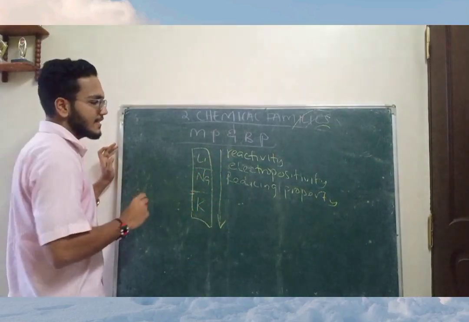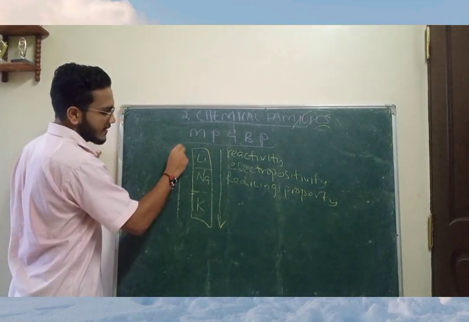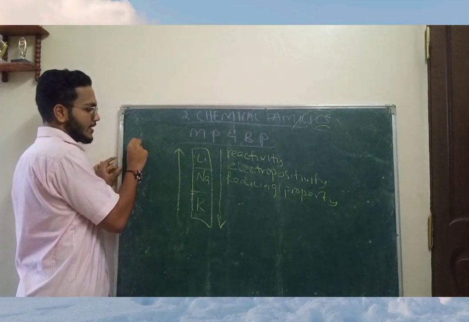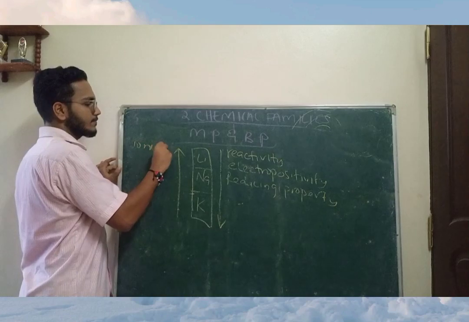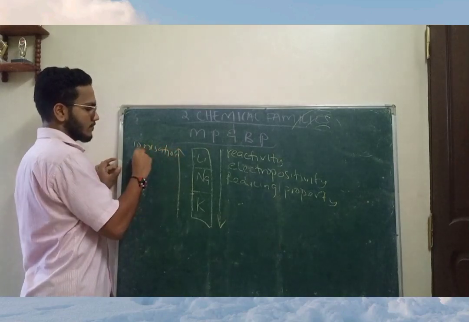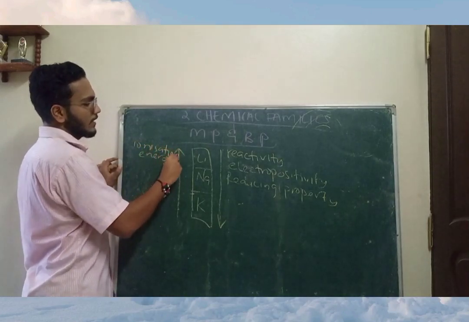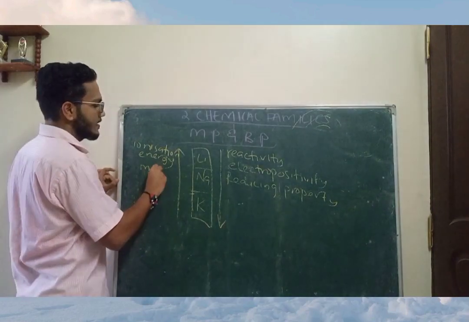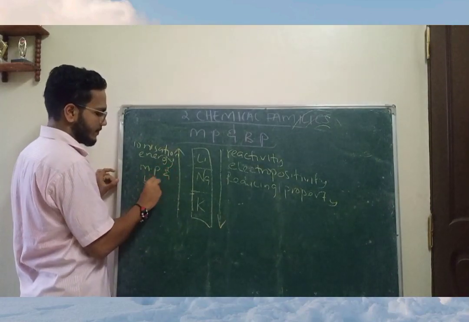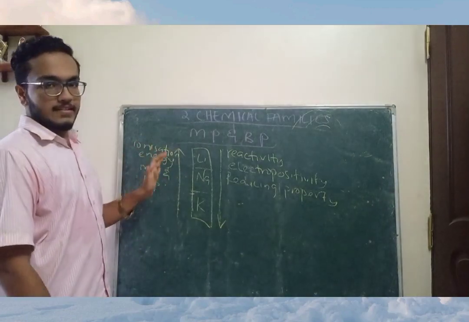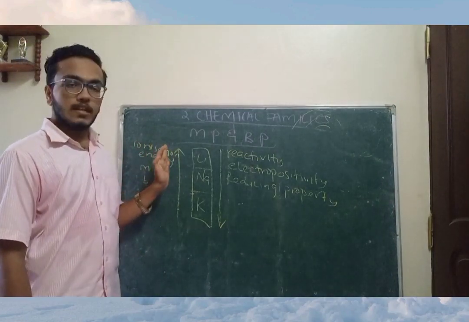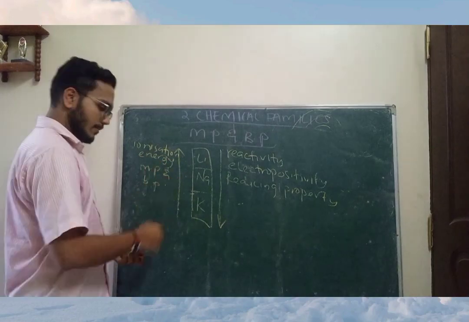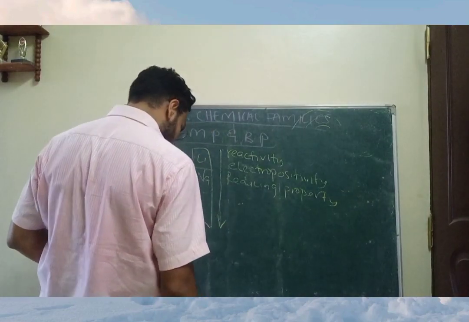However, what decreases down the group? We have ionization energy, and the last part which we discussed, melting and boiling points, decrease down the group. So this is a summarization for physical properties of alkali, not physical properties, sorry.